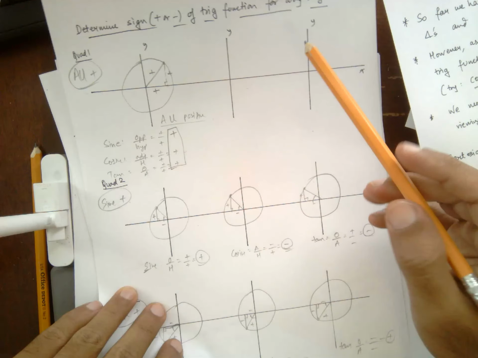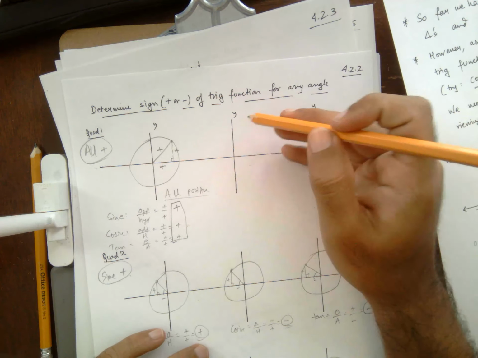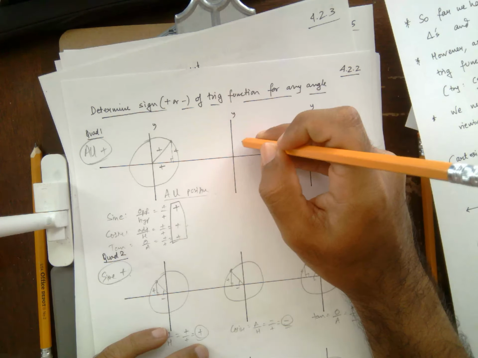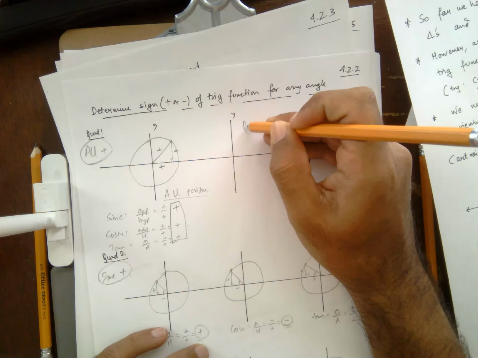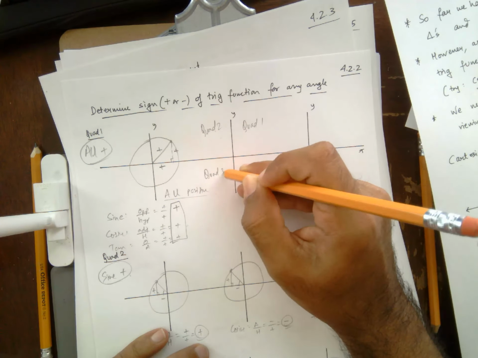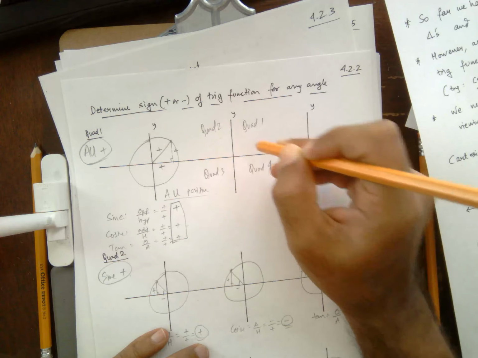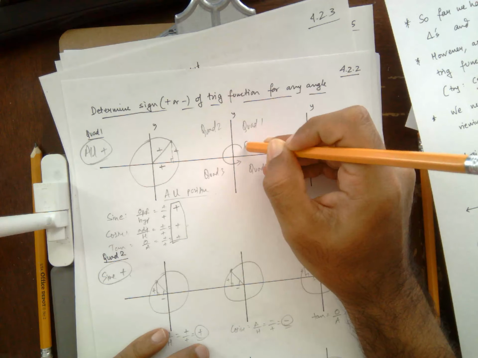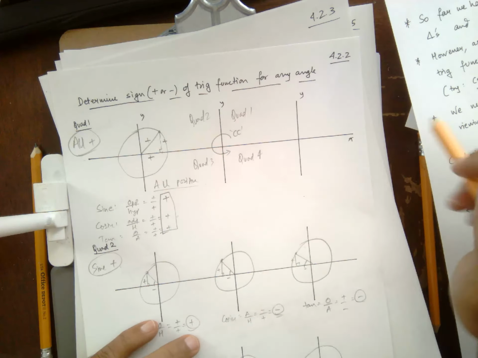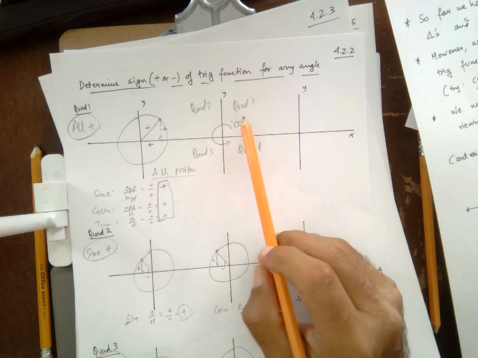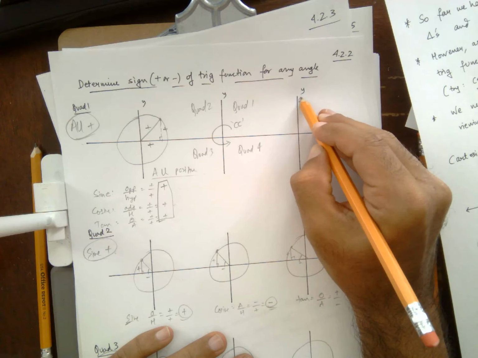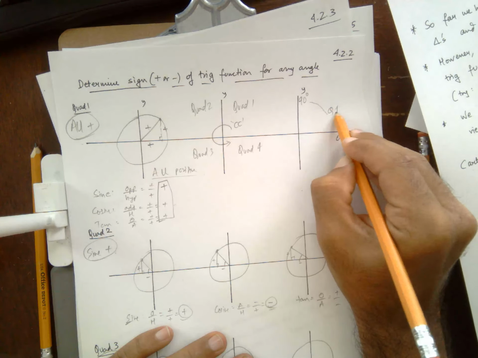Actually, maybe just back up a little bit. When you have these coordinates, you create these 4 spaces, and these are called quadrant 1, quadrant 2, quadrant 3, and quadrant 4, and they're always counted counterclockwise or anti-clockwise. Another way of talking about these quadrants numerically: between 0 degrees and 90 degrees is quadrant 1.